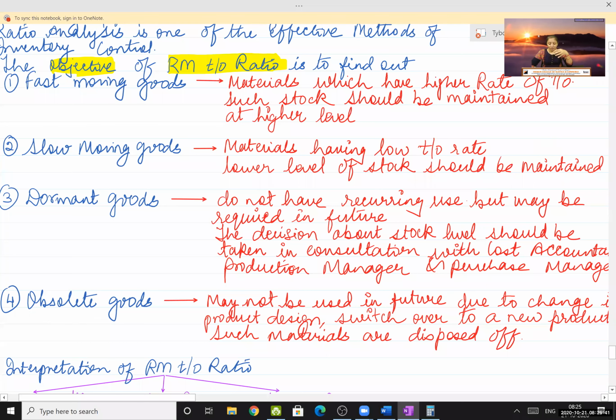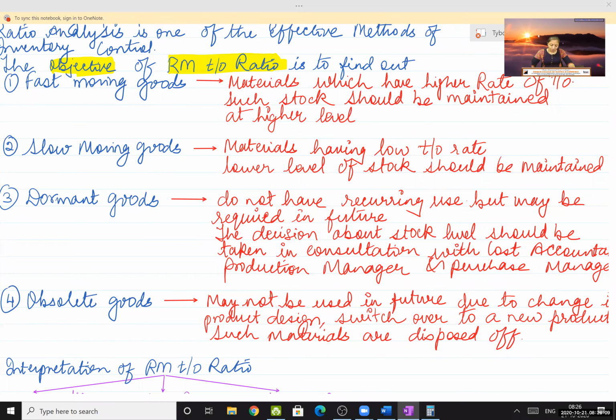Maybe if the policies change. याद रखिए, dormant goods can be seasonal goods. मतलब आज डिमांड नहीं है but फ्यूचर में डिमांड हो सकता है. So they do not have recurring use. Recurring मतलब on a daily basis it's not demanded. That is called dormant goods.